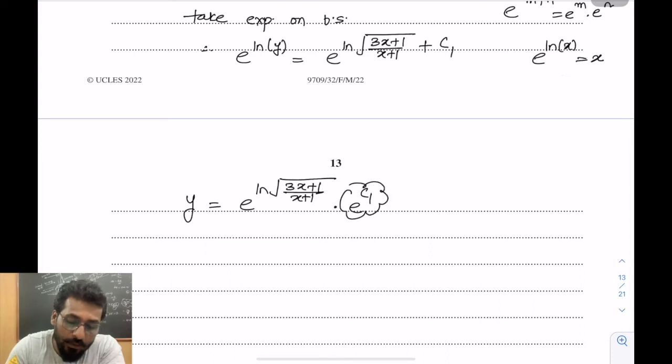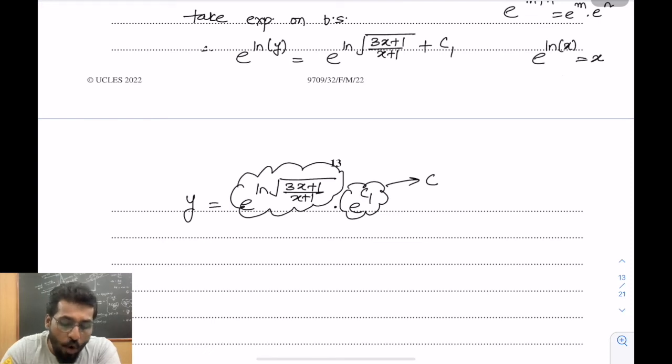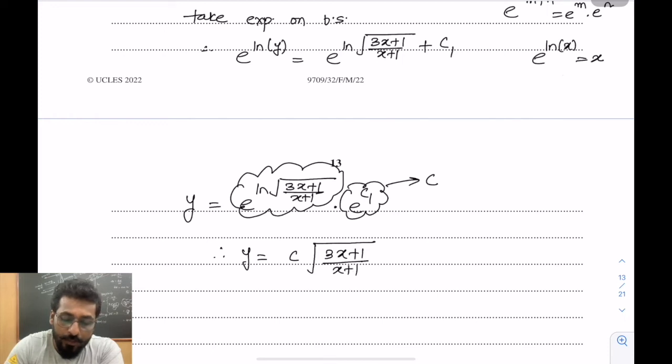But this e raised to c1 can be called a new constant c. You can call it k also. So you are going to get y is equal to c times root of 3x plus 1 upon x plus 1.